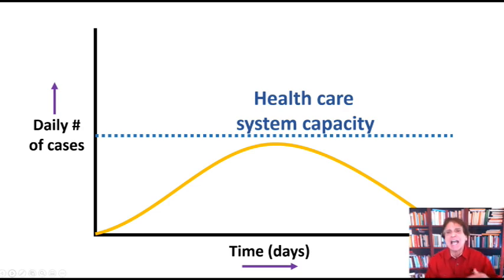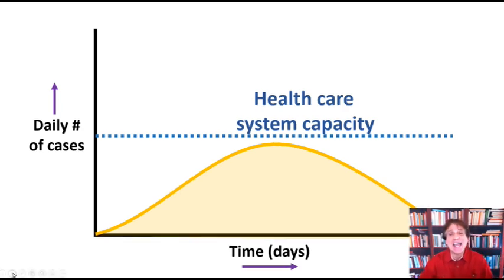Note that it does not go above the healthcare system capacity, which means that in this example, we have a disease progression which does not overwhelm the healthcare system, and we can address the cases that are coming in to the hospitals or to the ER rooms. Now, those cases themselves can be represented by an area beneath this curve.